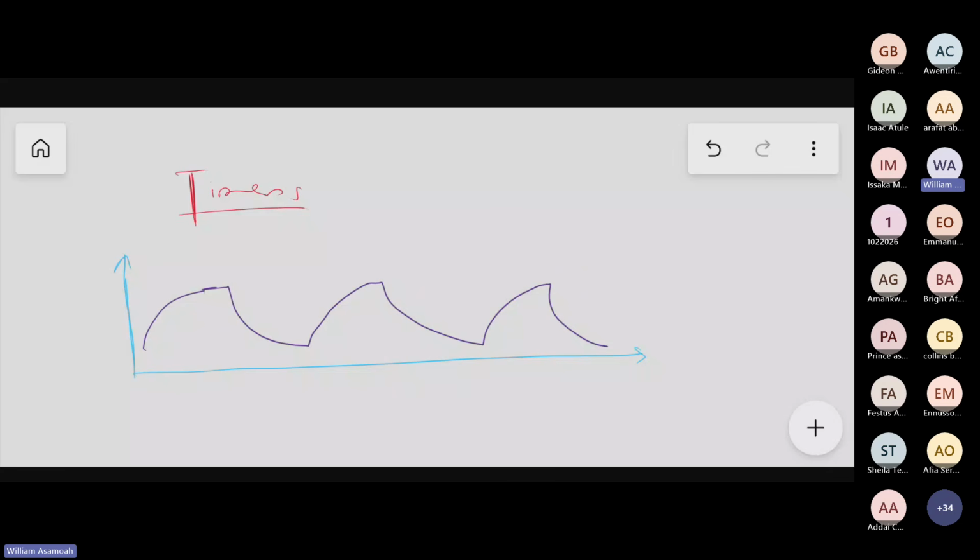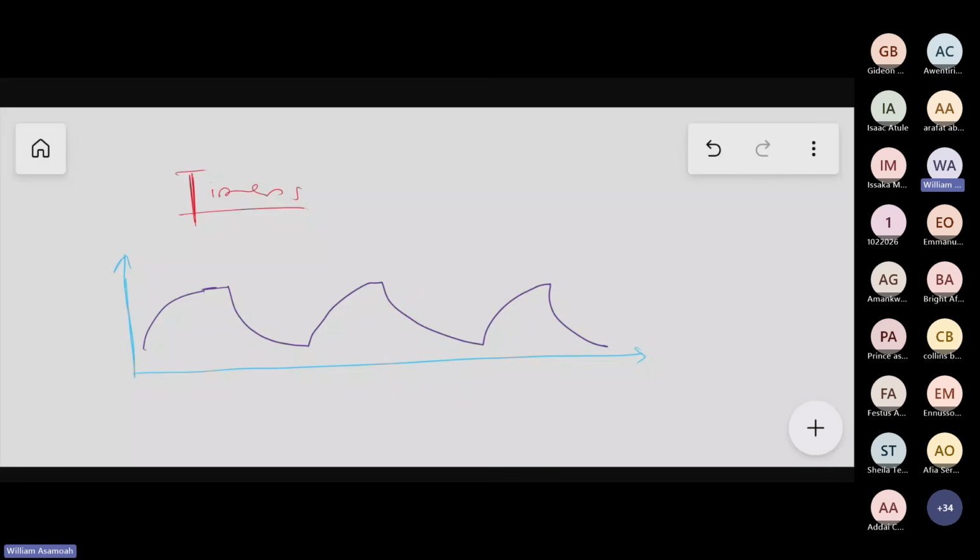Right? Now, devices that are able to generate signals that repeat, we call them oscillators. So an oscillator is a circuit that produces a periodic waveform on its output with only a DC supply voltage as a required input.